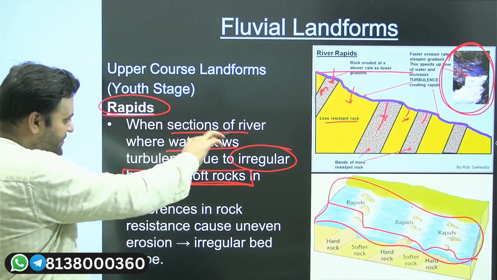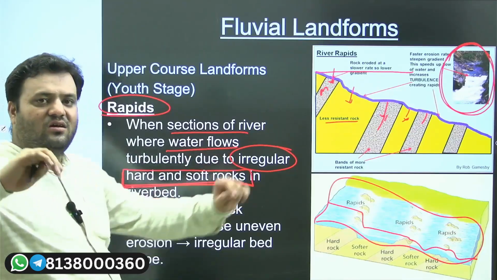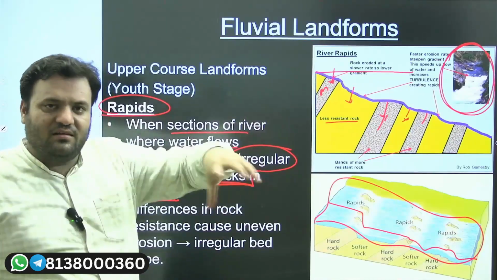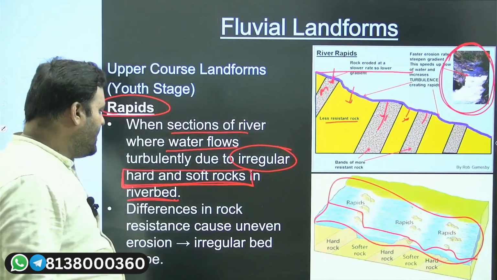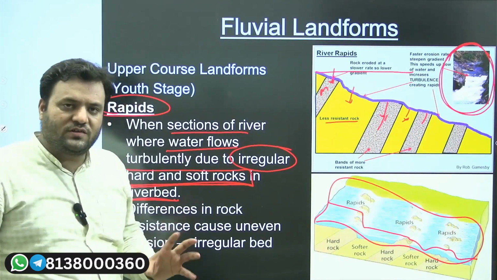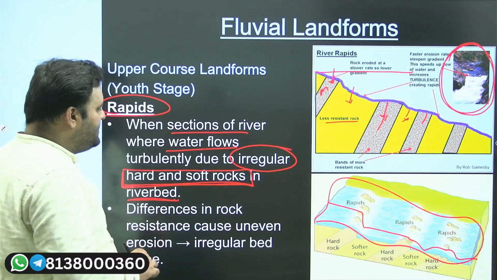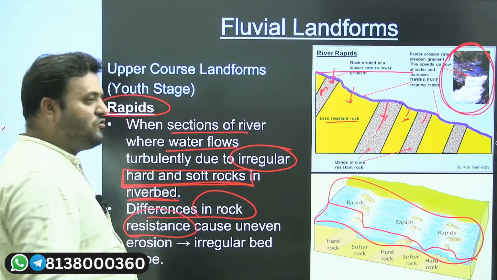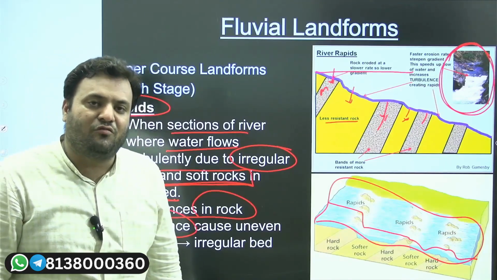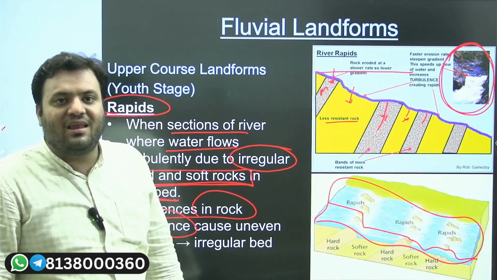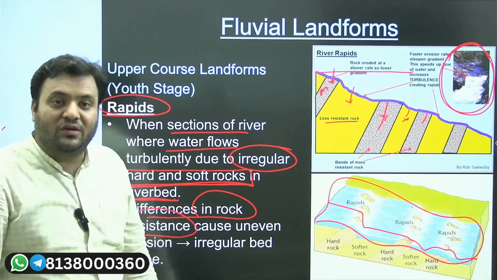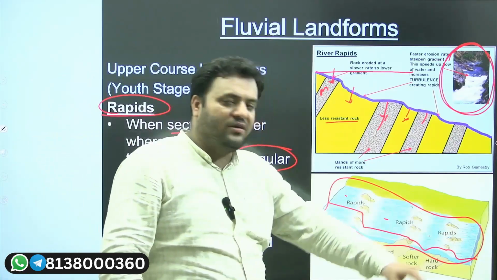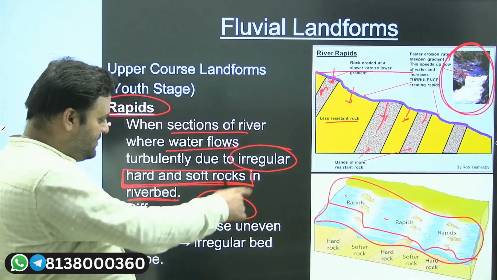So when we have irregular hard and soft rock layers in the river course, meaning the channel in which the water is flowing, that will be termed rapids. The difference in rocks offers different resistance, different friction caused by the fluvial action of water, which results in different scales of removal of material, resulting in different steps along the river course.